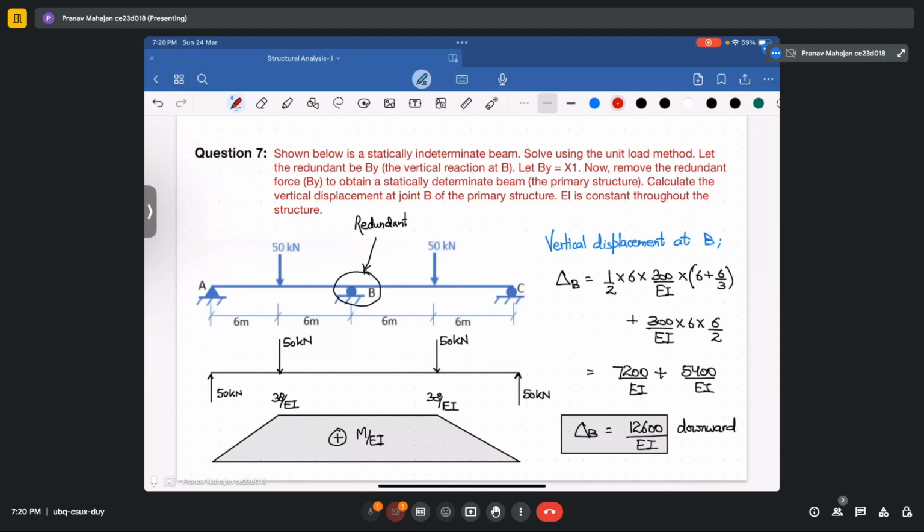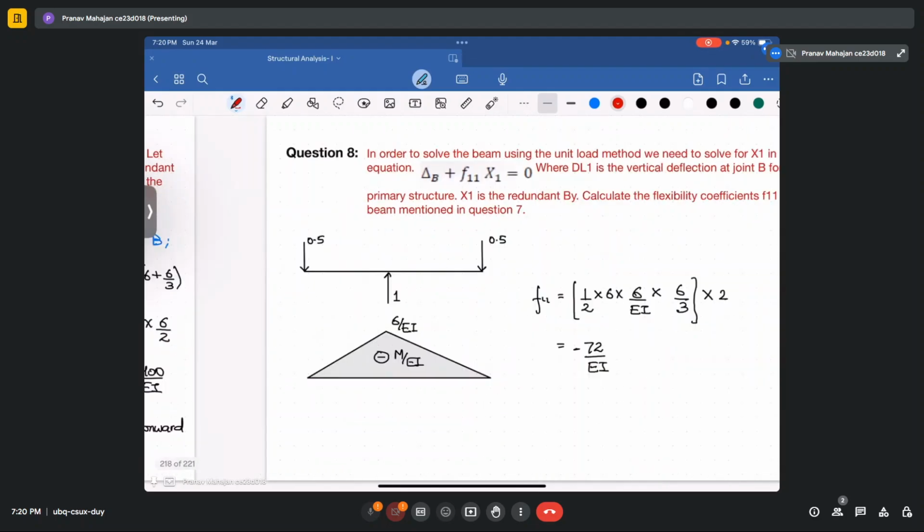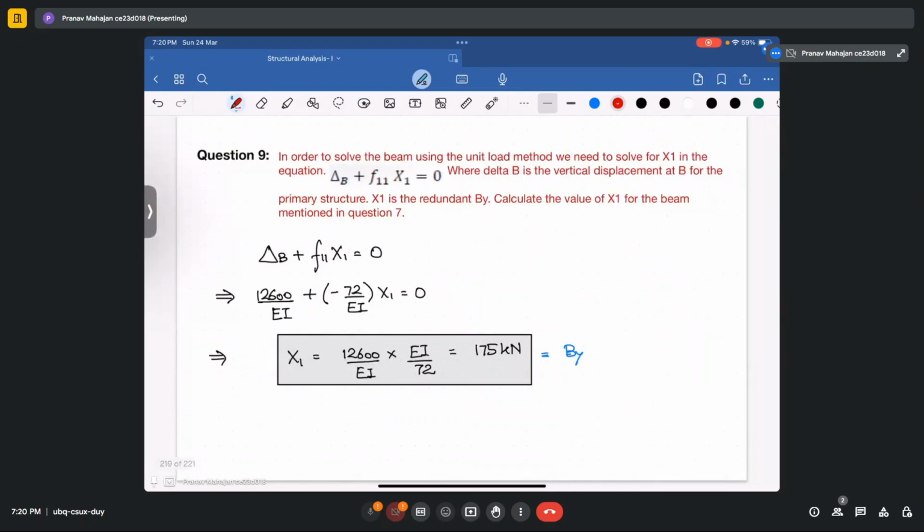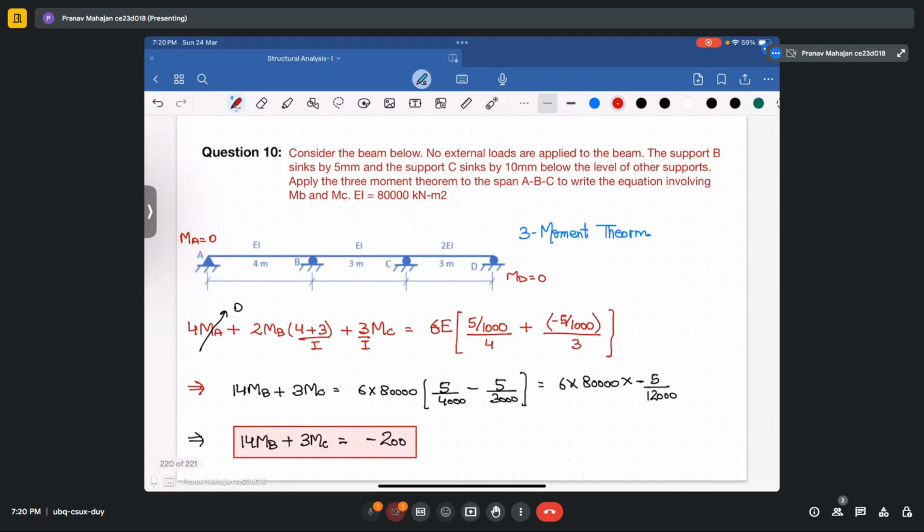Then again, to determine the value of VB, we have applied this unit load method, and based upon that, we have solved the problem and determined the value of By on the beam element.